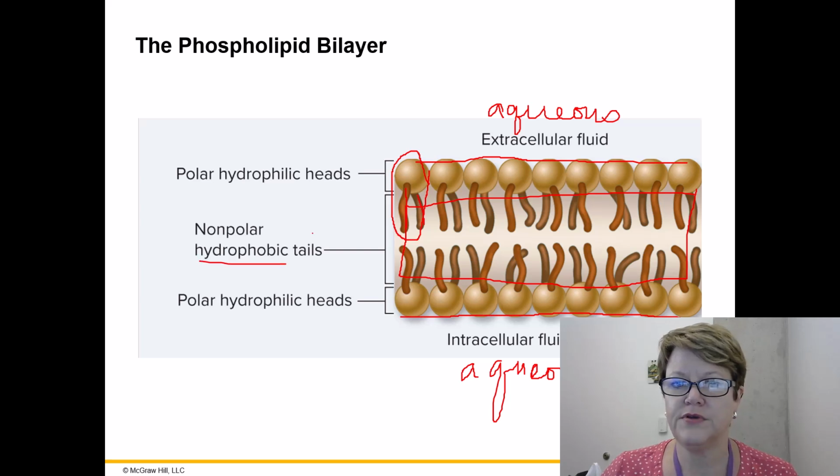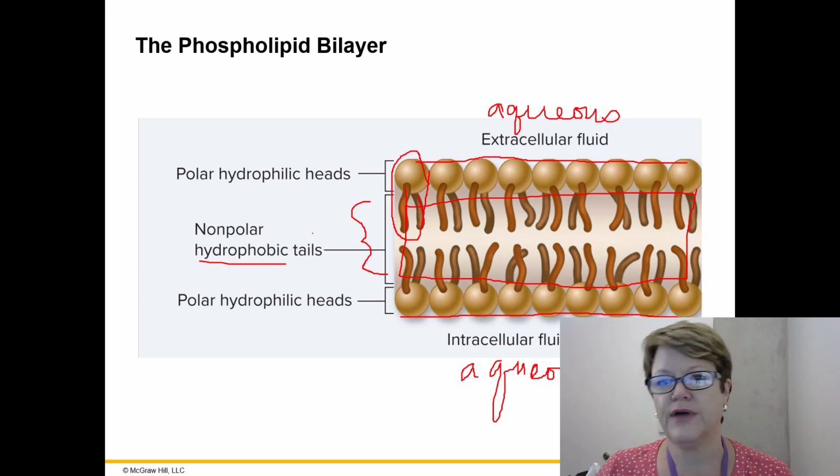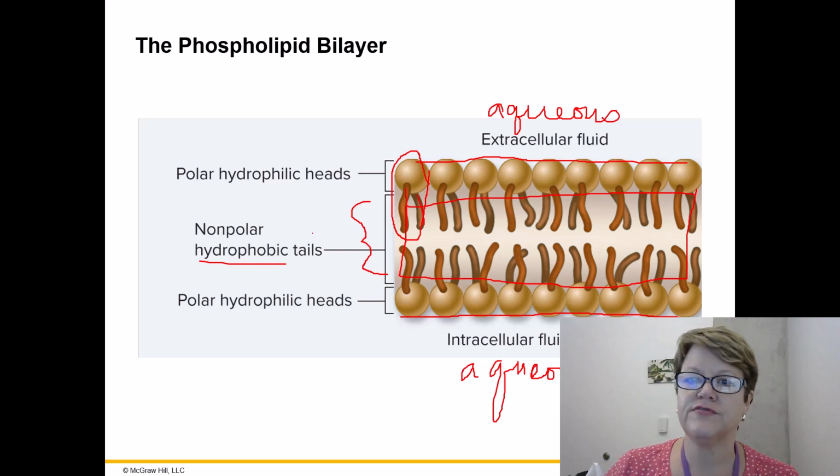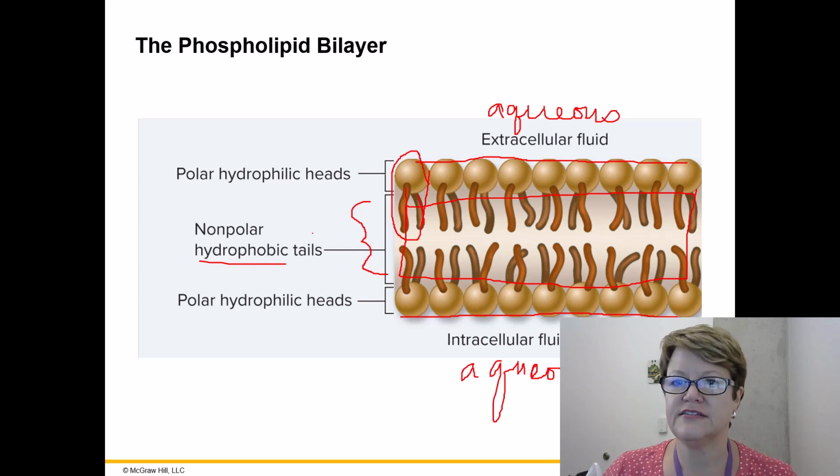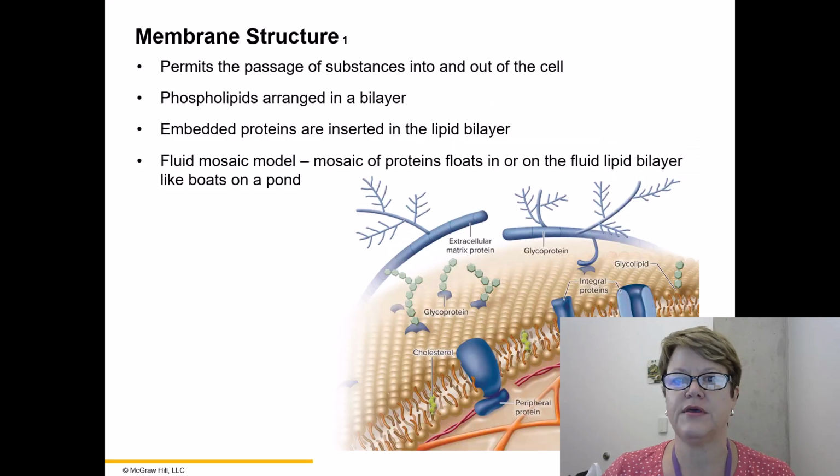And so you end up with this hydrophobic layer, and that's the barrier that keeps the aqueous solution that's outside the cell outside, and it keeps the aqueous solution that's inside the cell inside, because water cannot cross through that hydrophobic region. So this is the fundamental structure of the membrane, but it isn't the only thing that's in the membrane.